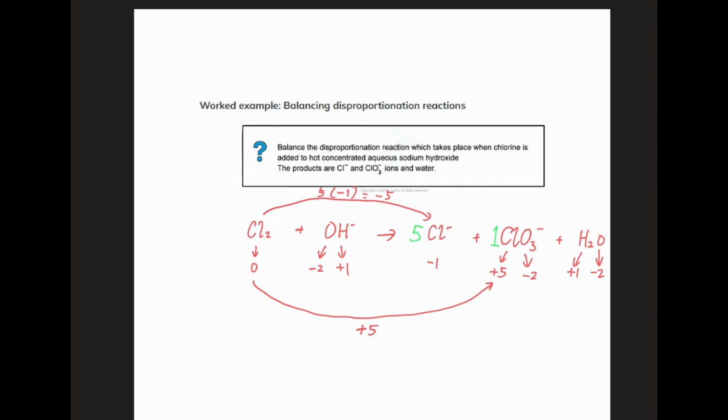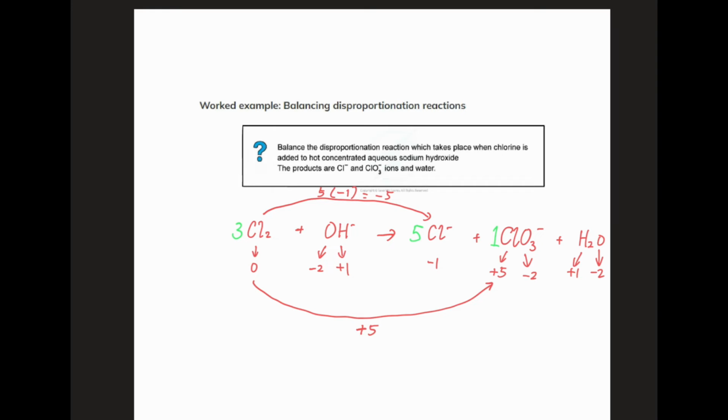Now we can figure out how many Cl2 we are using here. We have 5 Cl and 1 Cl, altogether 6. 5 plus 1 is 6. So here you have to put 3 instead, 3 times 2 is 6 Cl. So we balance out the Cl already.